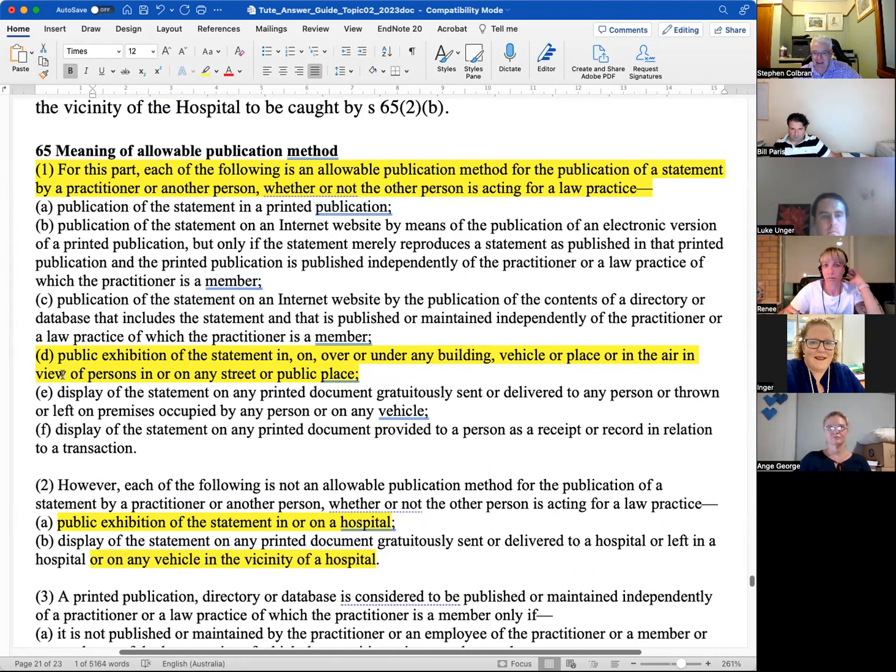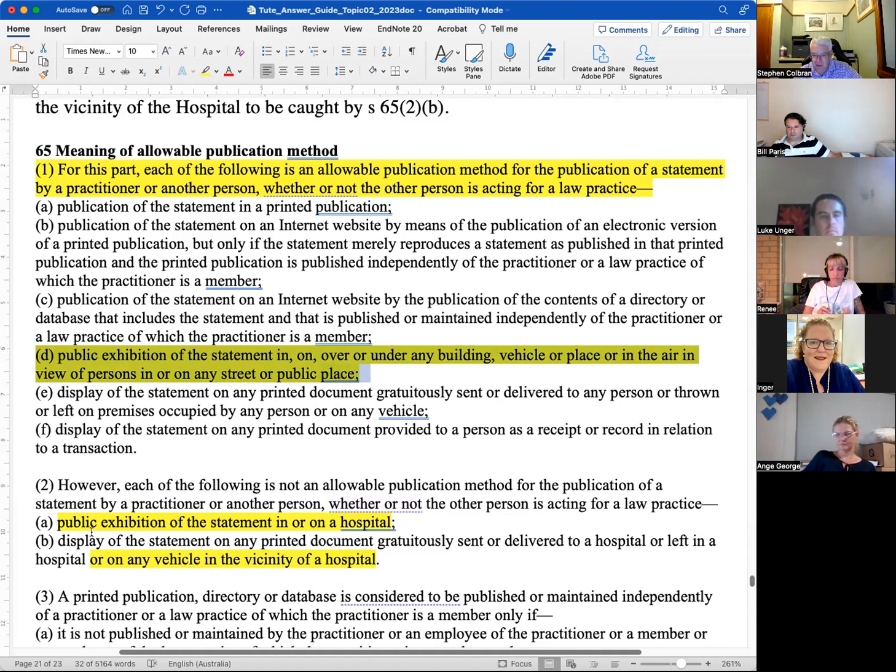Let me come down to D: public exhibition of the statement in, on, or under any building, vehicle, or place, or in the air, in view of persons. Okay, so it's certainly that. So it falls there. Then the next bit says what's not allowable.